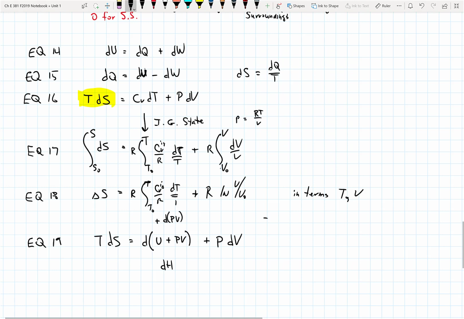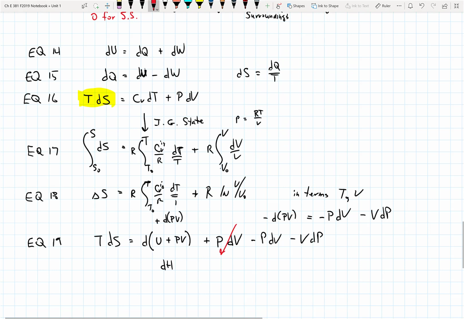And now, since I added the differential of PV, to leave the equation correct, I also need to subtract the differential of PV. And so the differential of a product, we use the chain rule for that. So that's minus P dV minus V dP.